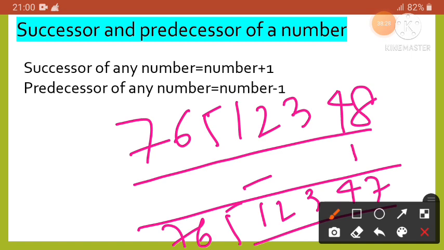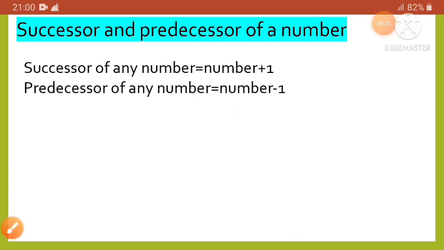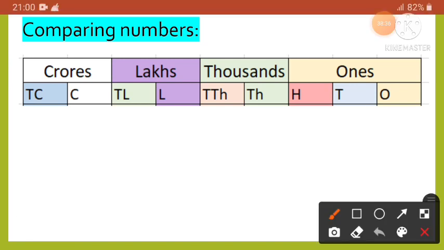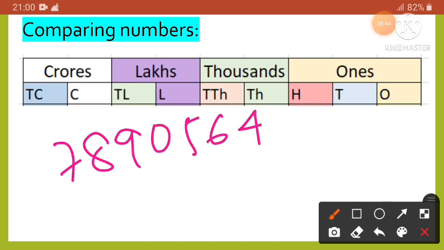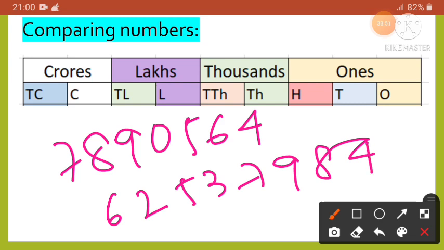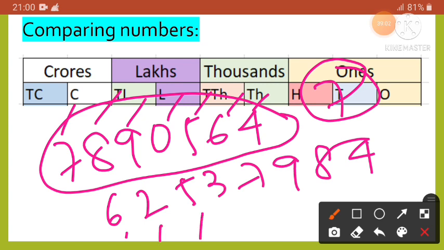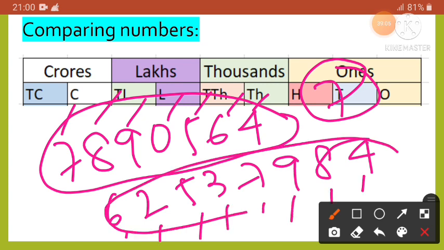Now we will be learning about comparing numbers. How to compare numbers? Suppose we have two numbers. One is 7890,564. Another number is 62537984. In the first number we have 7 digits, and here we have an 8-digit number.